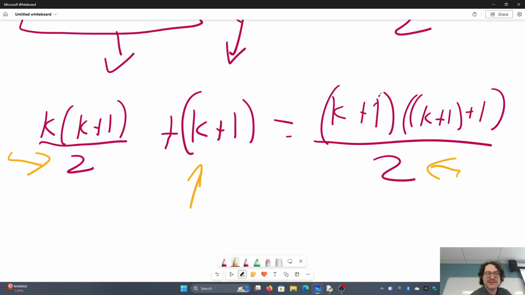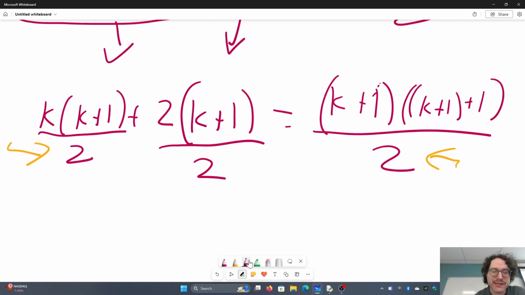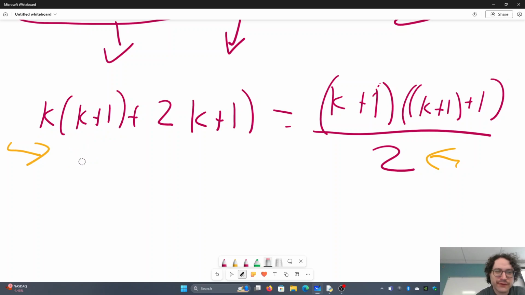So I'm just going to use some of those annoying algebra tools: I'm going to cheat and multiply it by 1, by saying I'm multiplying it by 2 over 2, right? You can do that, remember? And now that allows me to put both of those sides together. Okay, in fact, I will just simply rewrite this right now over here in front of us, plus 2, and that will be over 2.